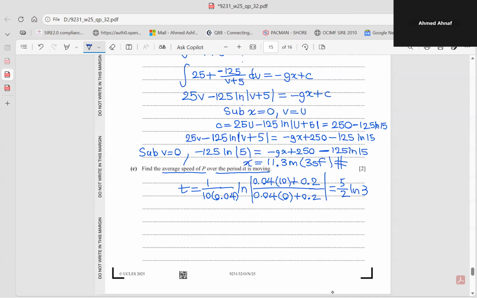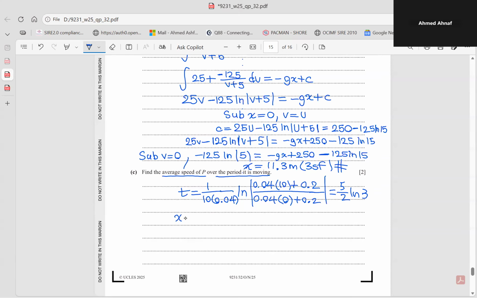And as for the distance x, the exact value is 125 ln 15 minus 125 ln 5 minus 250, divided by negative 10.